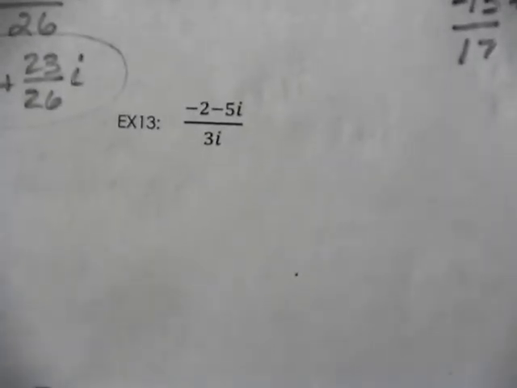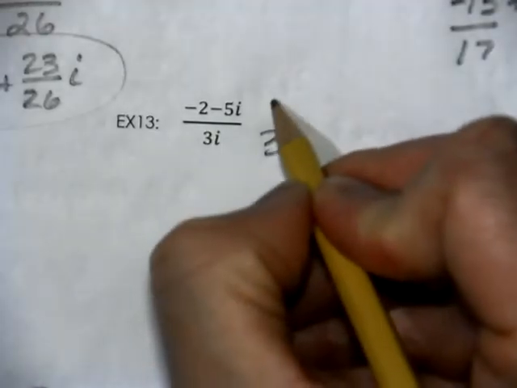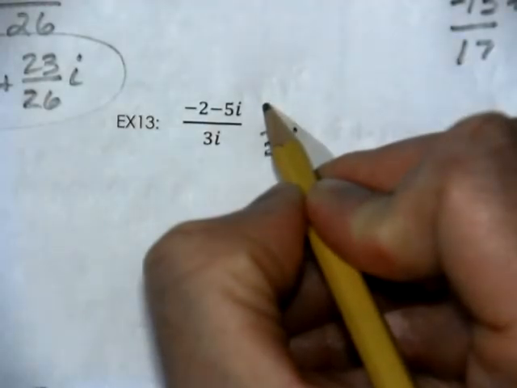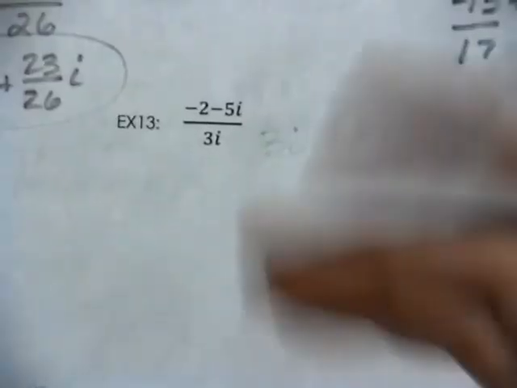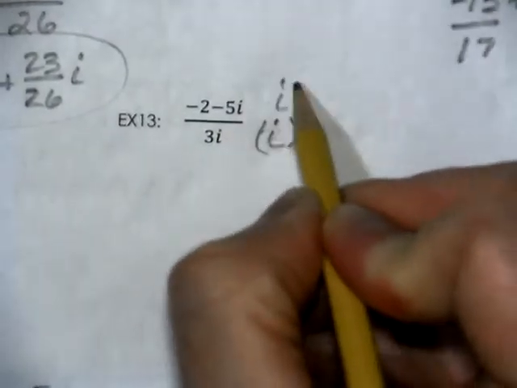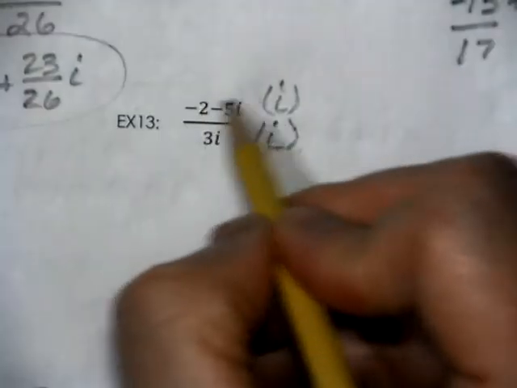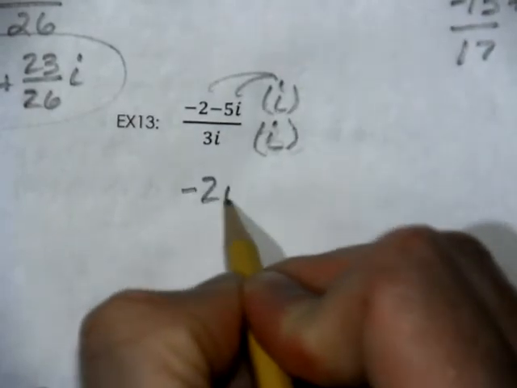Last one. What are we going to do with this one? Really, you only have to multiply by the i. You don't have to do 3i. i to the bottom and i to the top. So we're going to multiply that to both of those.